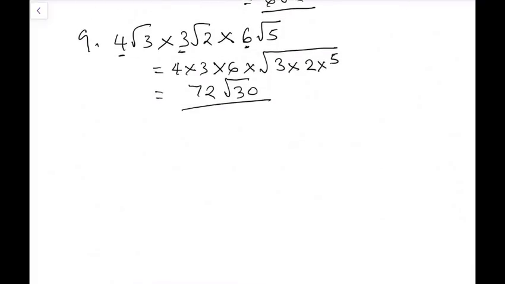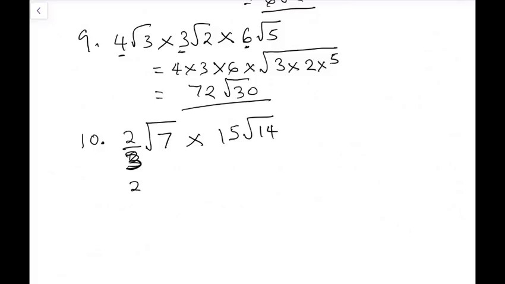And lastly, this can be very strange, where we have 2 over 3 root 7 multiplied by 15 root 14. So how do we solve this? We use the same format. So let me write it very well. 2 over 3 root 7 multiplied by 15 root 14. To solve this, we bring the outside values out and we multiply them together.